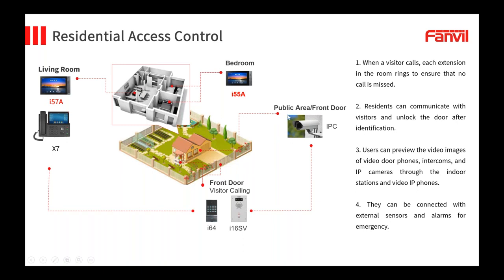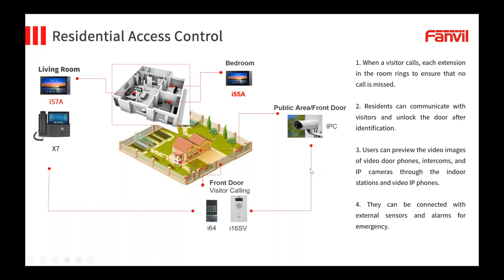Yes, for this part, the public area or front door can also use the IP camera you already own to link with Fanvil's indoor monitors or IP phones. It is compatible with these models or IP camera protocols.